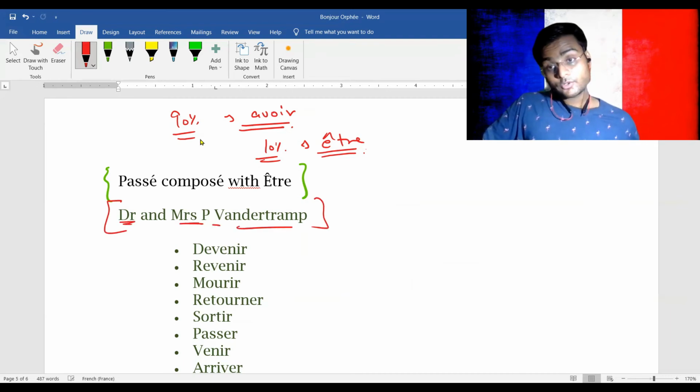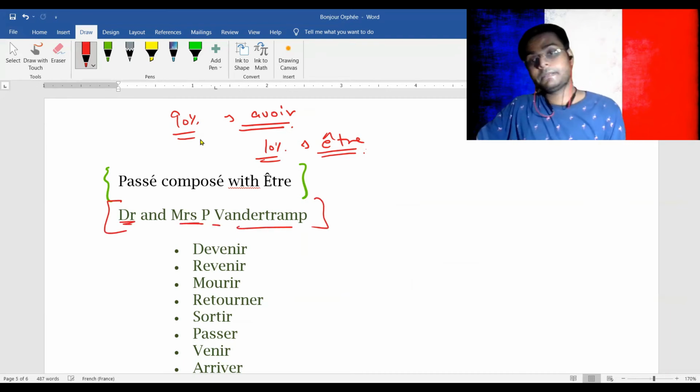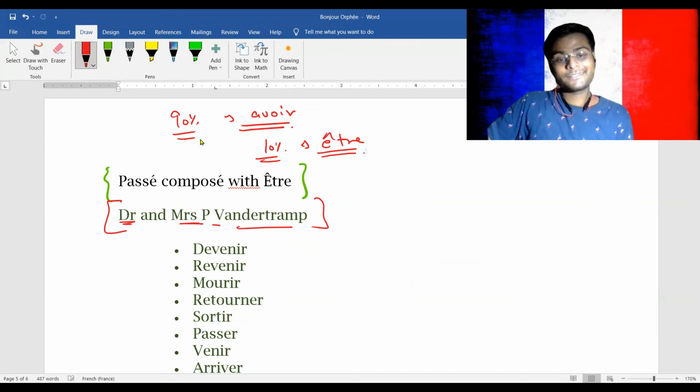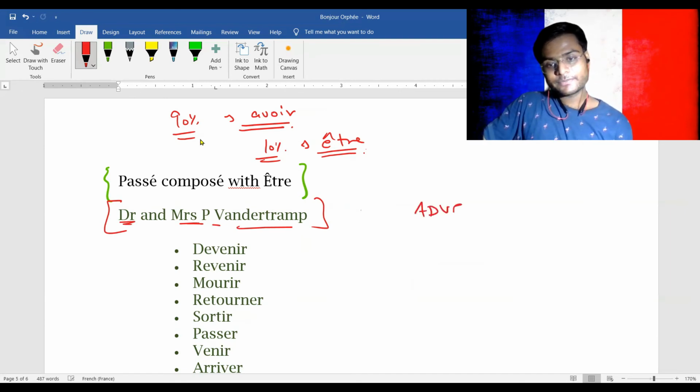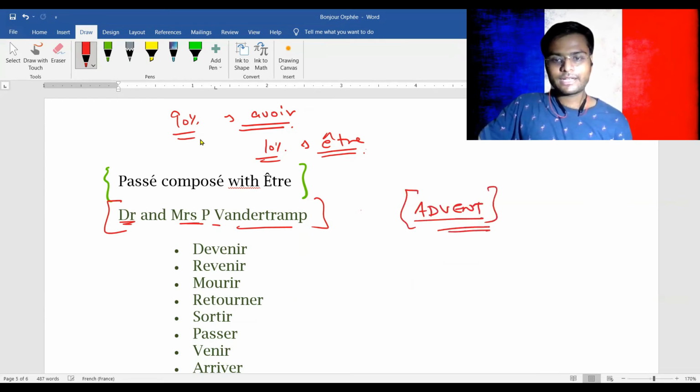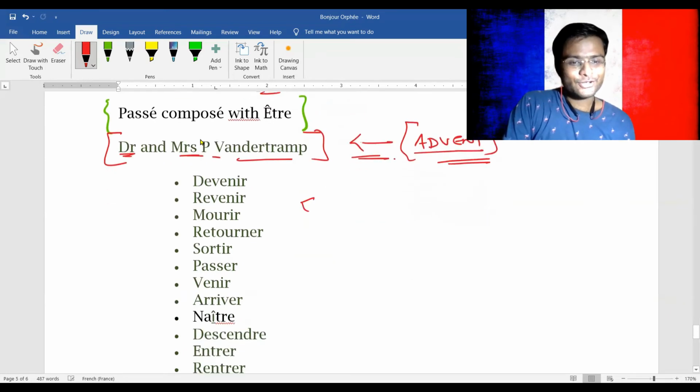This trick was shared with me by one of my very brilliant students. I was teaching him adverb verbs. He is in A2 level, but I was teaching him something concerning adverb verbs. So he taught me this. So learn this thing.